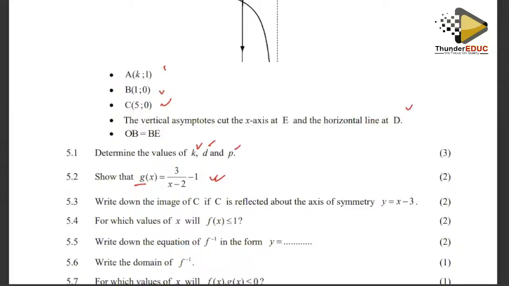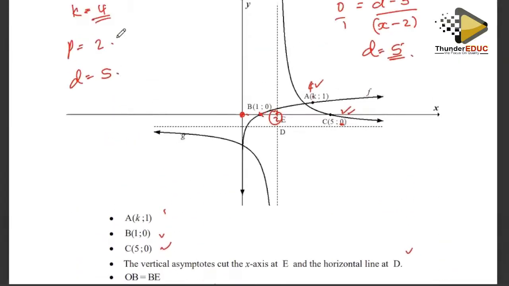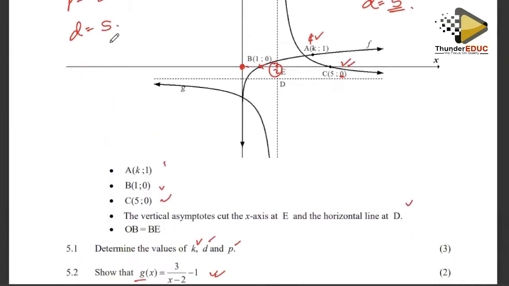Then write down the image of C if C is reflected above the axis of symmetry. Okay, where is C? And the axis of symmetry of interest is the positive one. Oops, it's this one. If this is C, which means this is going to be in that other direction.